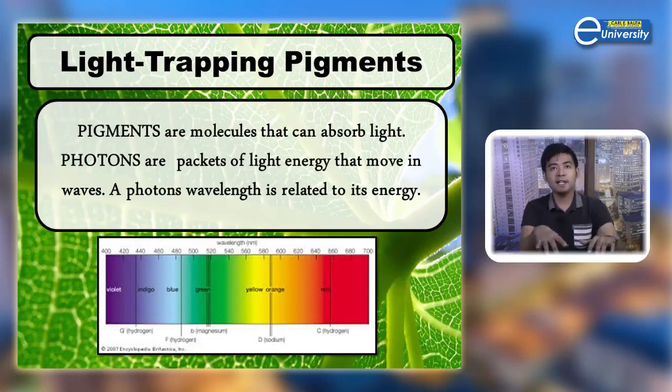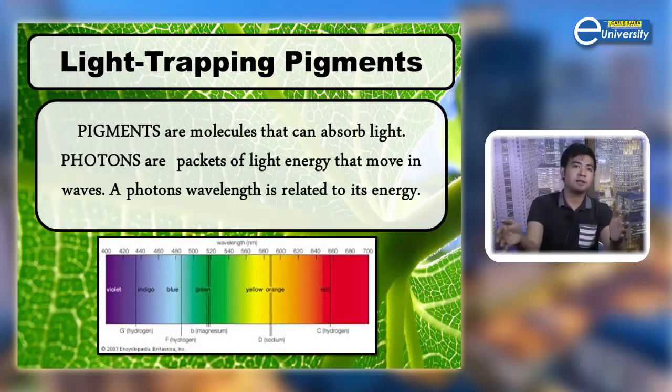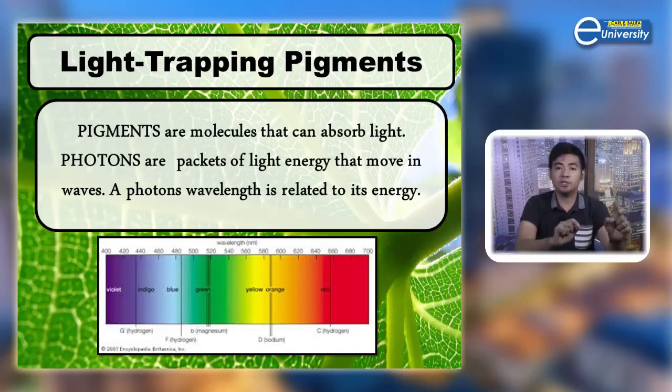In the diagram provided in the slide, we can observe that the color of light with the longest wavelength is red. Meaning, the longer the wavelength, the lower the amount of energy. While violet has the shortest wavelength, and the shorter the wavelength, the higher the amount of energy.